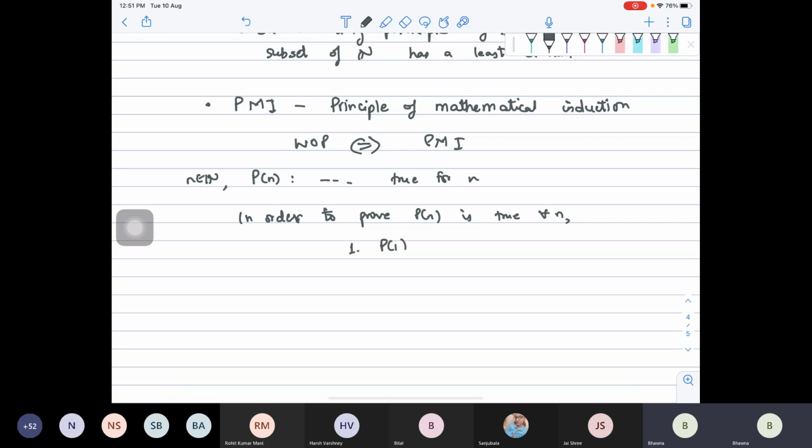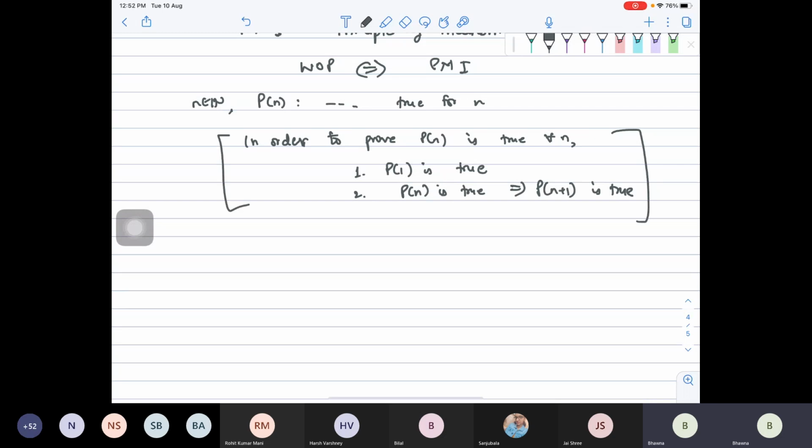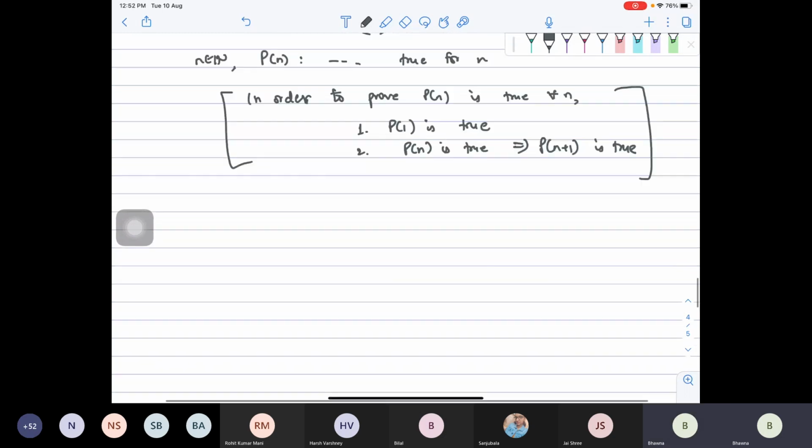Number one, P(1) is true. Number two, P(n) is true implies P(n+1) is true. This is what we used to do.